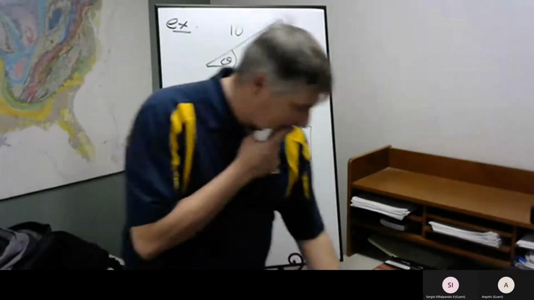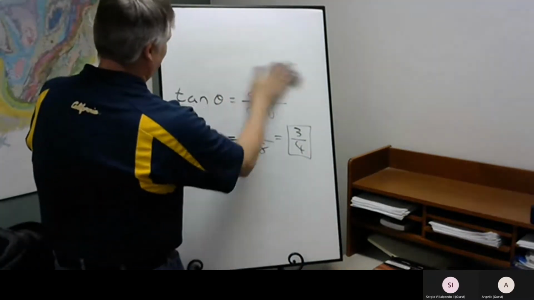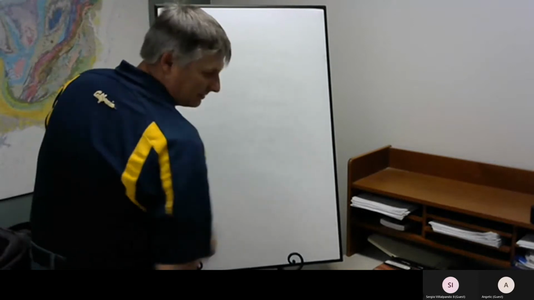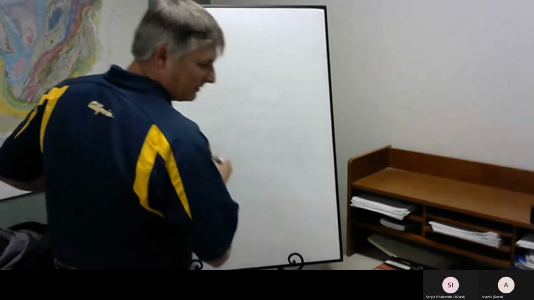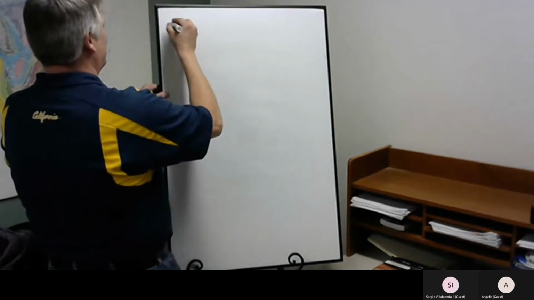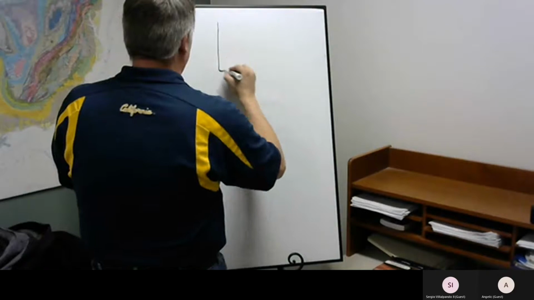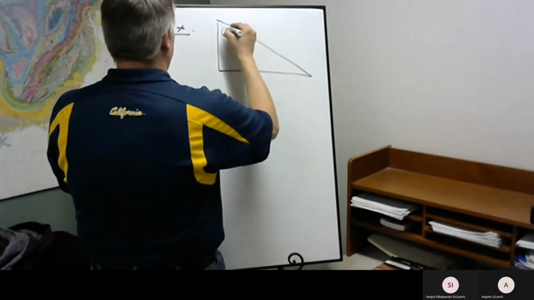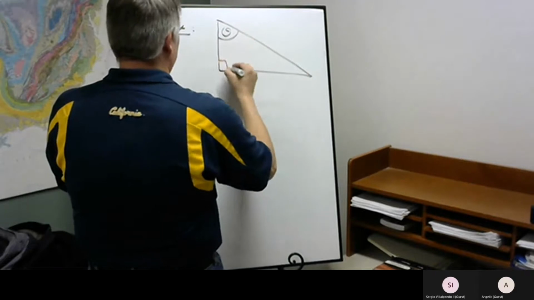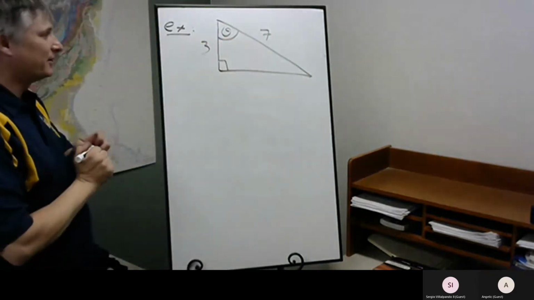All right, so let's see here. Let's say we have something like this. We've got this triangle.